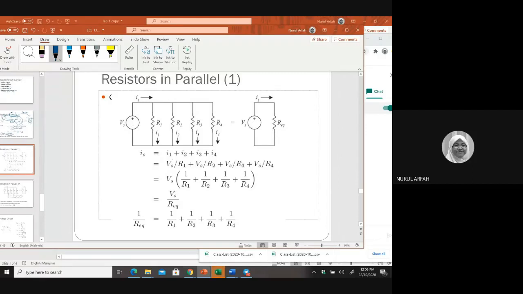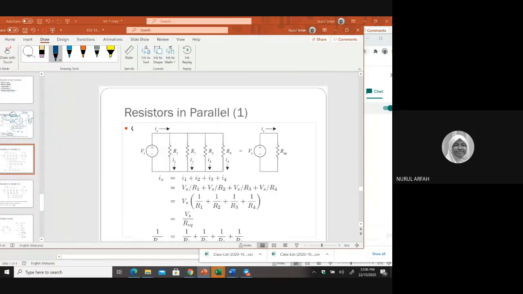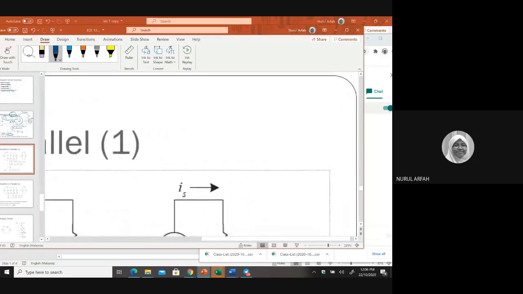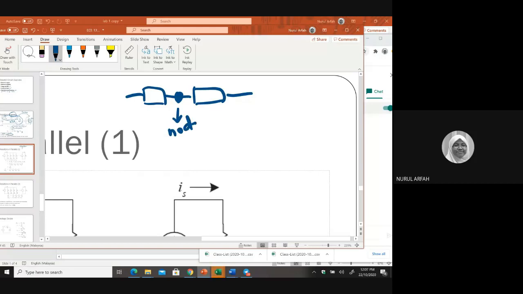For parallel, when we have branches, maybe I need to remind you again what is series and what is parallel. If you have two elements connected side by side, and that's one node, right? A node is when you have two or more elements attached to one single point. So this is a node.